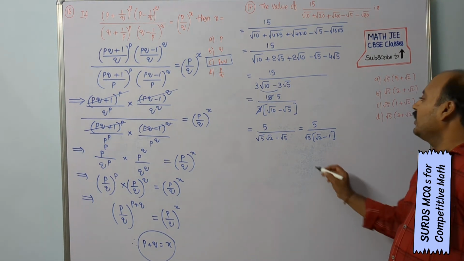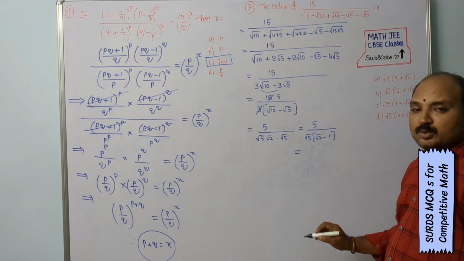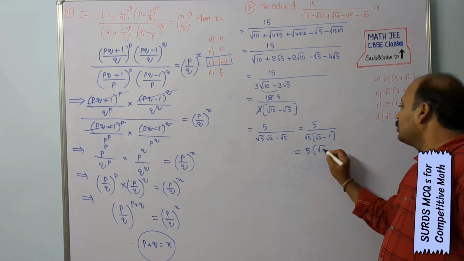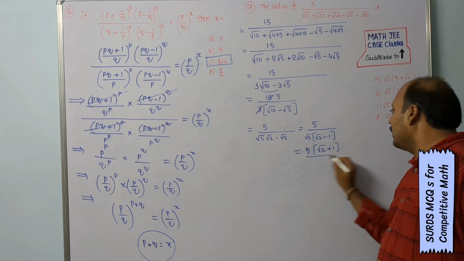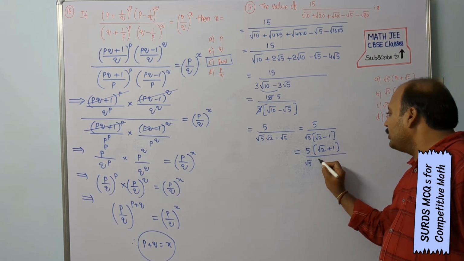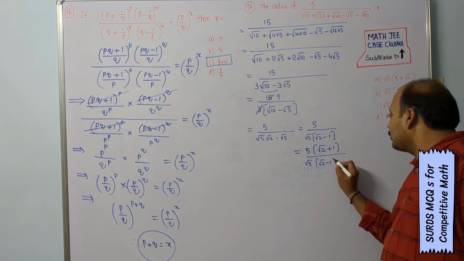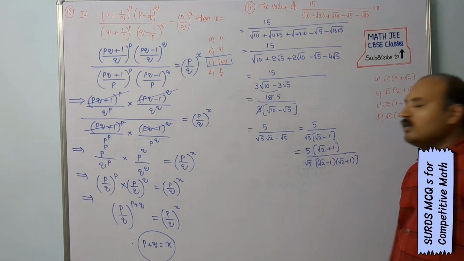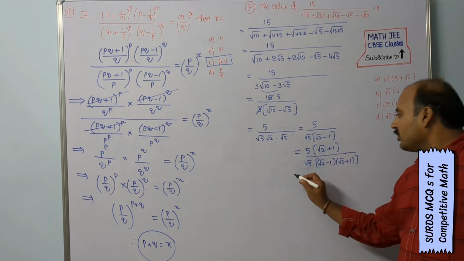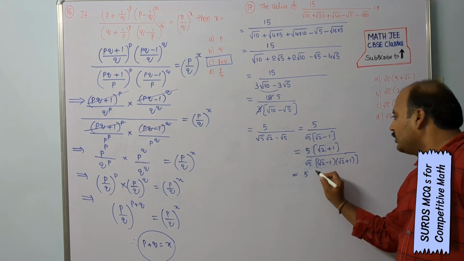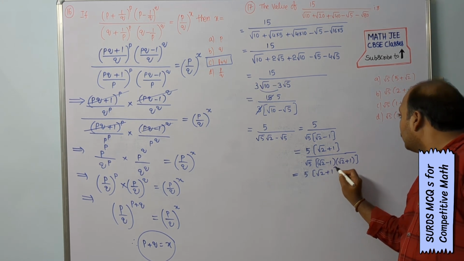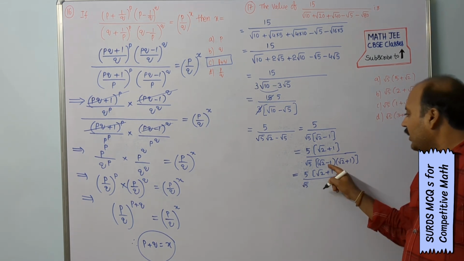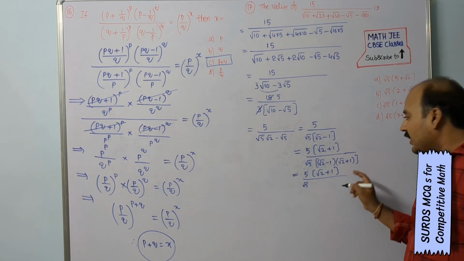Now rationalizing with respect to the denominator. So 5 into root 2 plus 1, multiplying and dividing by root 2 plus 1. So root 5 into root 2 minus 1 into root 2 plus 1, which is equal to 5 into root 2 plus 1 divided by root 5, a minus b into a plus b, a square minus b square.